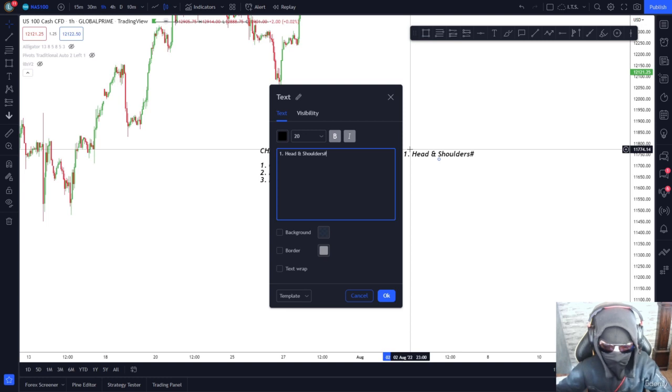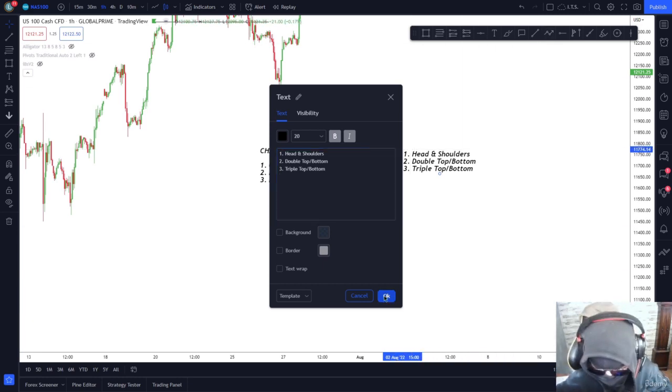Then number 2 is double top slash bottom, and then number 3 is probably just a triple top slash bottom.